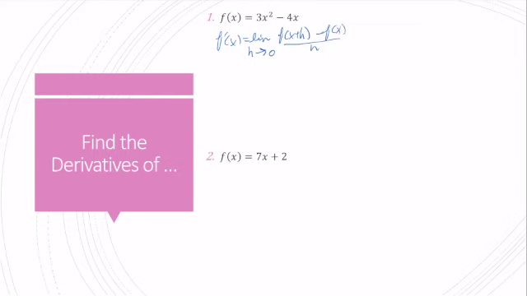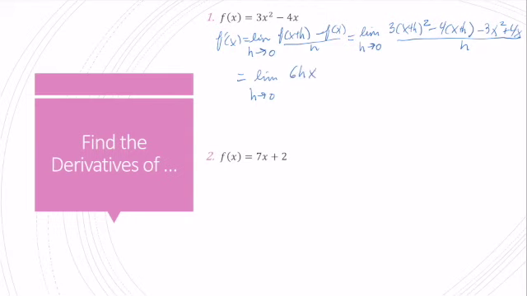So this gives me the limit as h goes to 0 of 3 times x plus h squared minus 4 times x plus h, minus f of x, so minus 3x squared plus 4x, because I distribute that negative, all over h. This is going to simplify down to the limit as h goes to 0 of 6hx minus 4h plus 3h squared, over h.